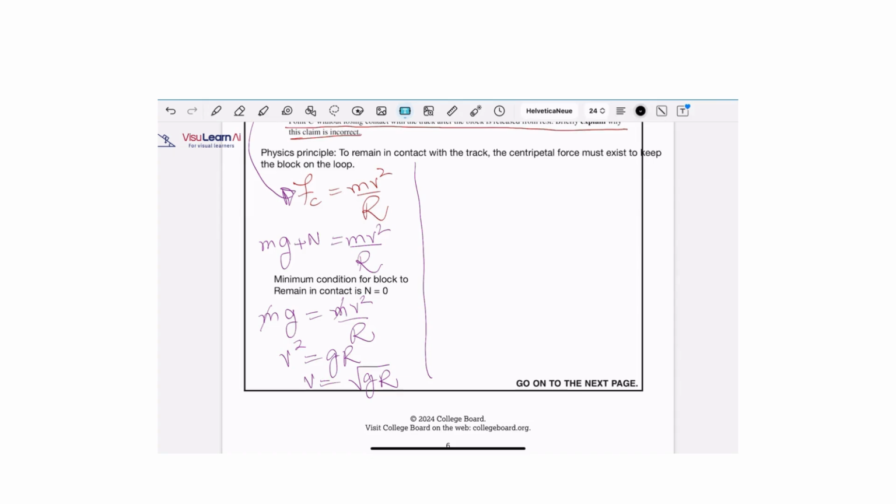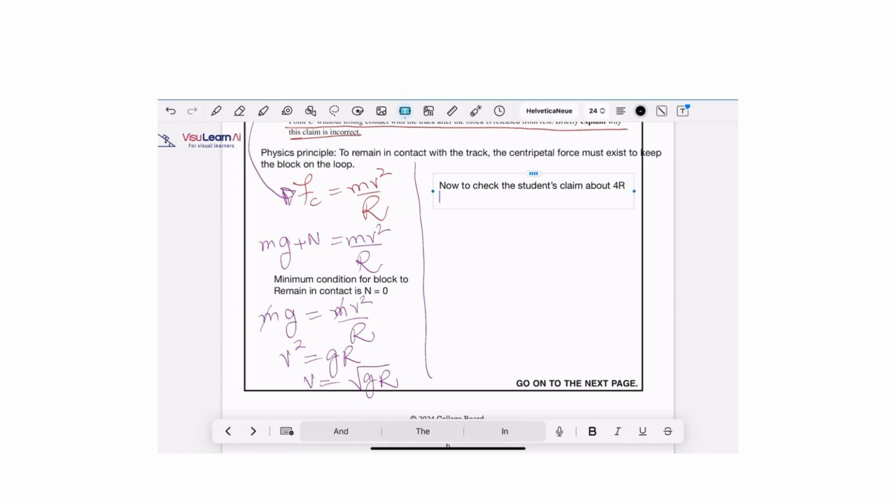But we're not done yet. We have to actually find the minimum height at A that corresponds to that. Now we're going to have to check the student's claim. The student is saying that the minimum height that it can be released from is 4r. So how do we check that?